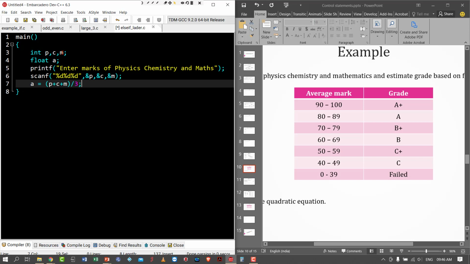Okay. So here I have one problem. Here float A is declared as float. P, C, M are declared as int. If you remember, in some example I told you something like int A equal to 5.